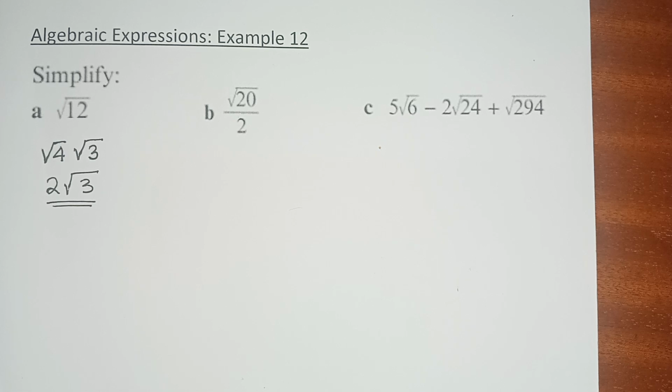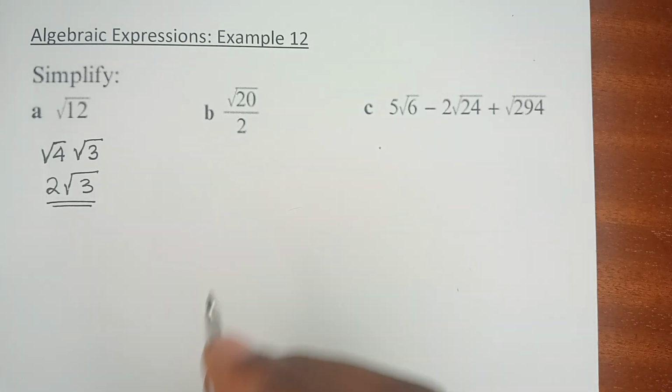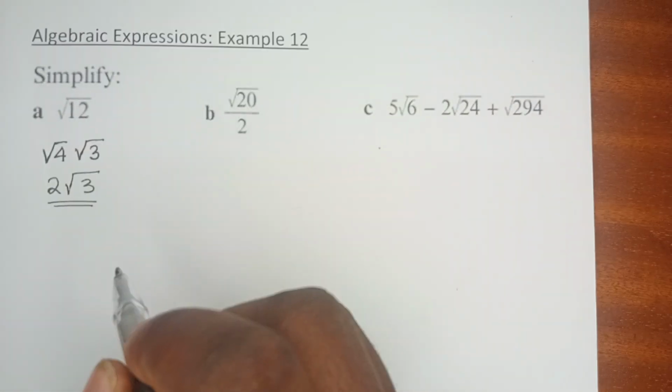In part B, we have root 20 all over 2. It is the 20 that is under the root. Again, we should look at it as a product of two numbers, whereby one of them is a perfect square. We are going to have 4 times 5, and 4 times 5 is 20.